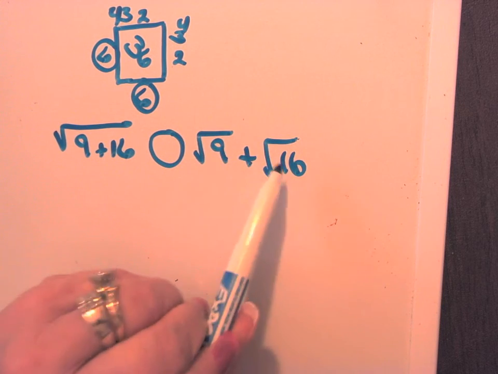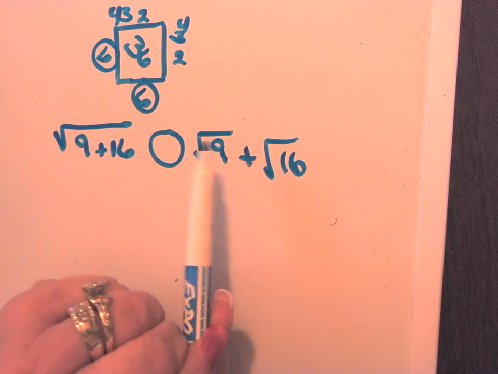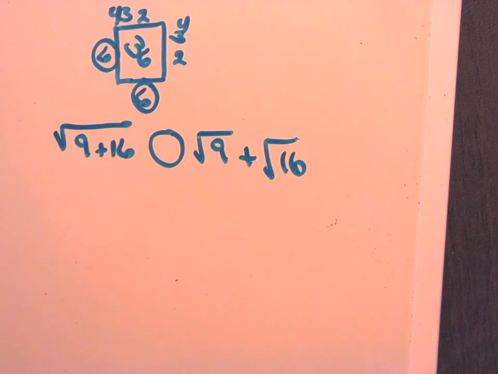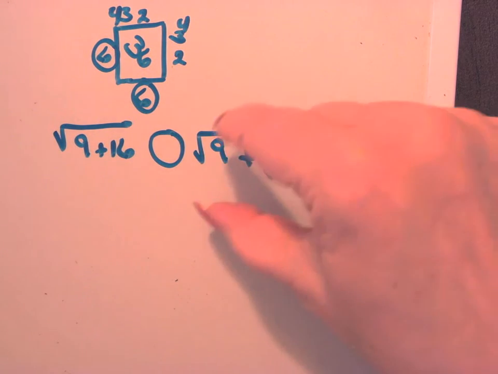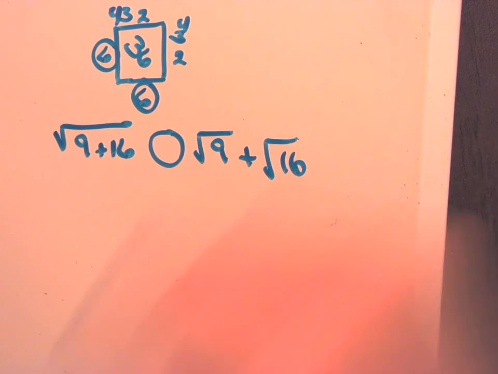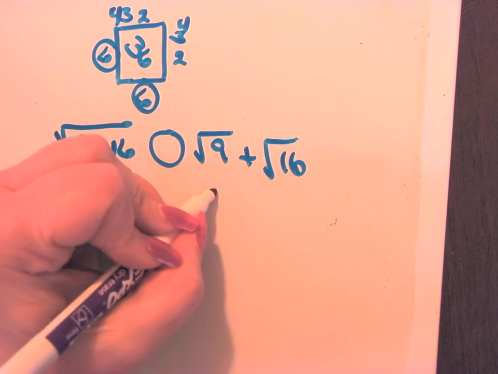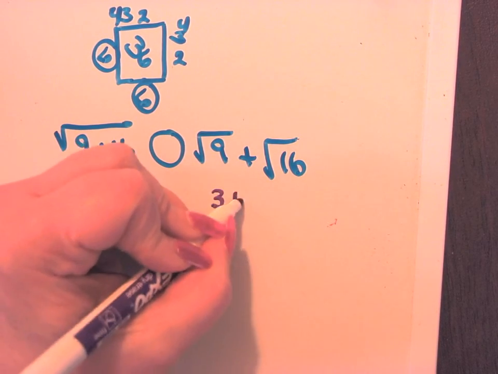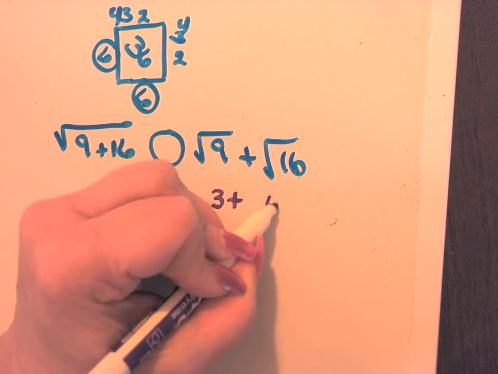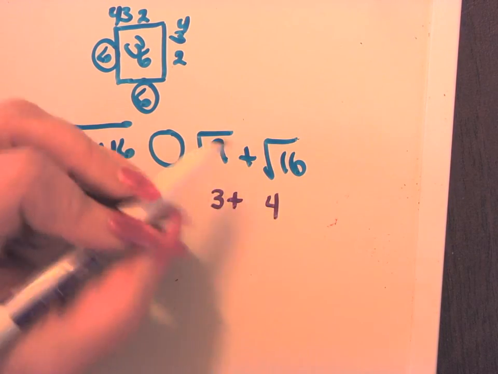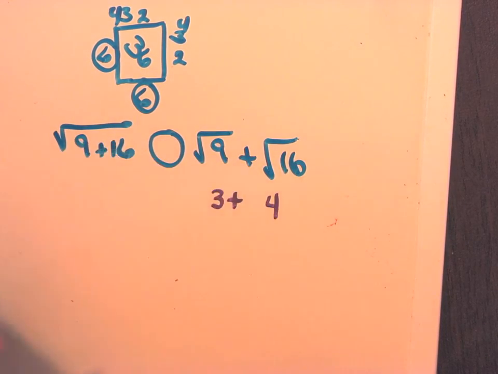When these are separated, when they're two separate square roots, we need to find the square root of each number separately. So I find the square root of this one. I find the square root of this one. So the square root of 9 is going to give me 3, plus the square root of 16 gives me 4, because 3 times 3 is 9, 4 times 4 is 16.